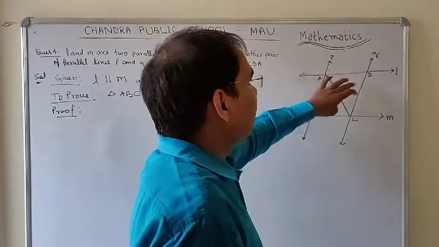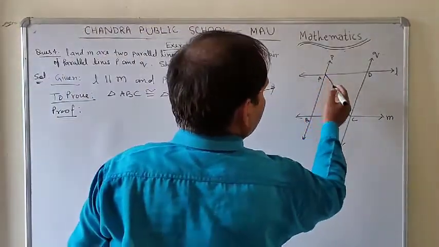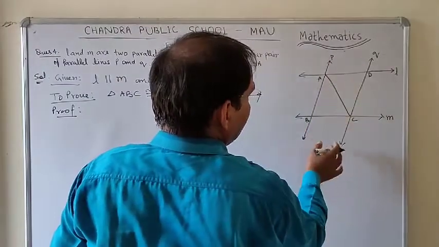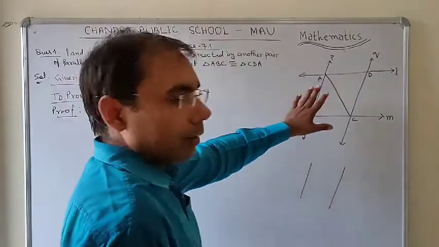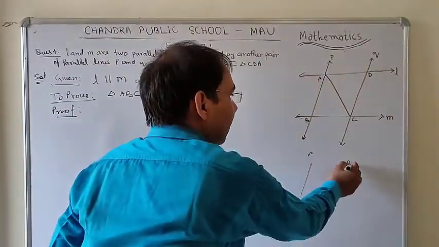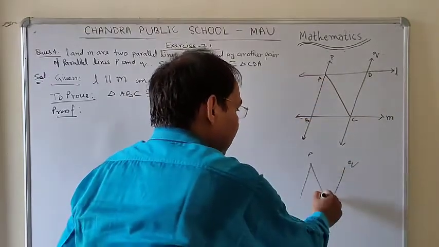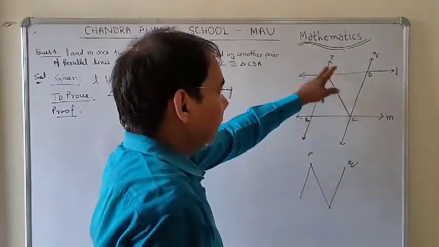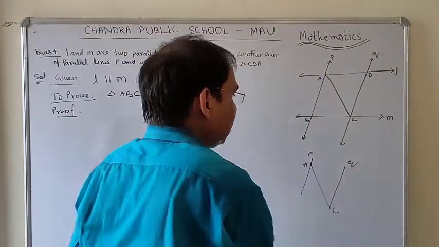So to prove the congruence, we need to find three equal values. So here, if these two lines are parallel, now look here. I am going to draw a separate diagram to explain this. If these two lines P and Q are parallel, and here one line is intersecting like this, AC is intersecting here.